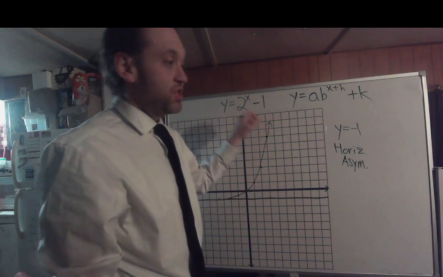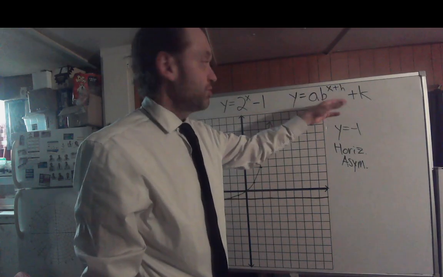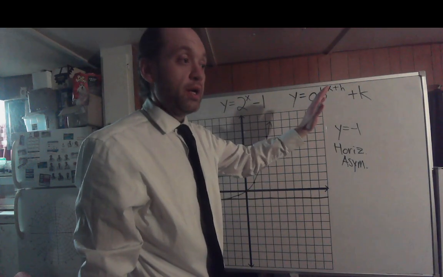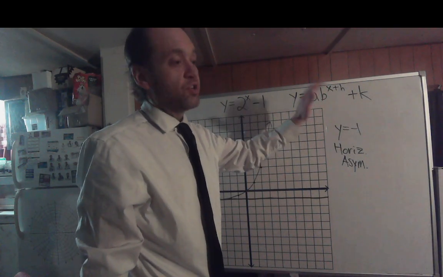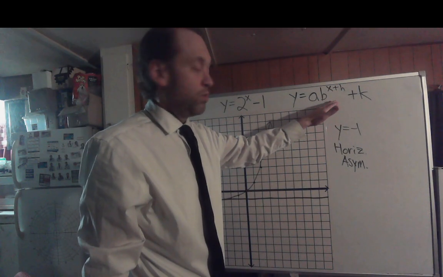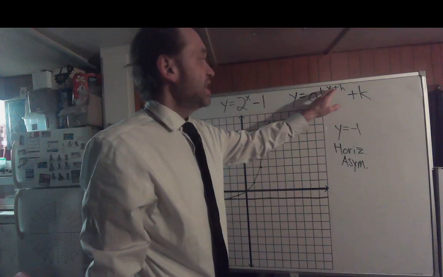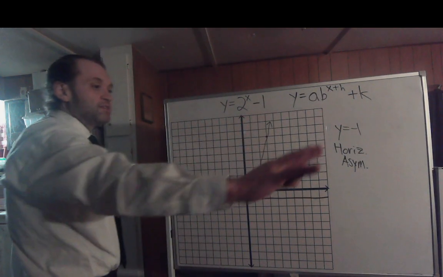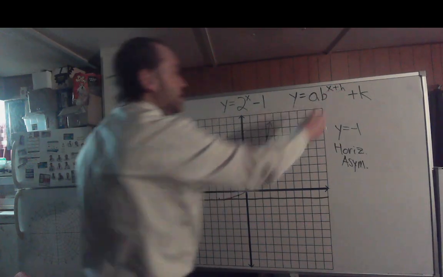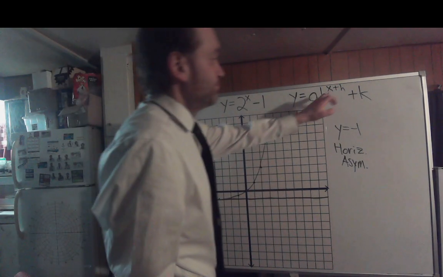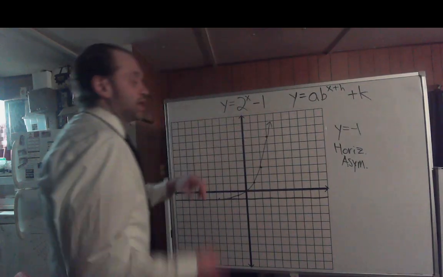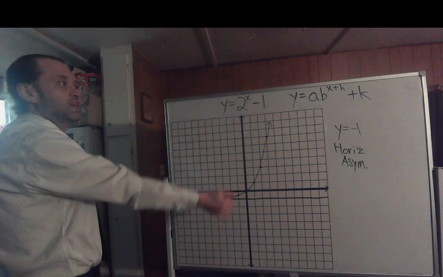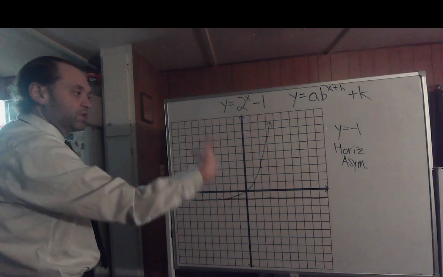In this case it was 2, but you could have 3, you could have any other base that's greater than 0, really, not equal to 1. And then you have this x power plus h, so that's going to shift all your x values right or left, depending upon what your h is. And then you have your k, which is always your horizontal asymptote, shifting it up or down.